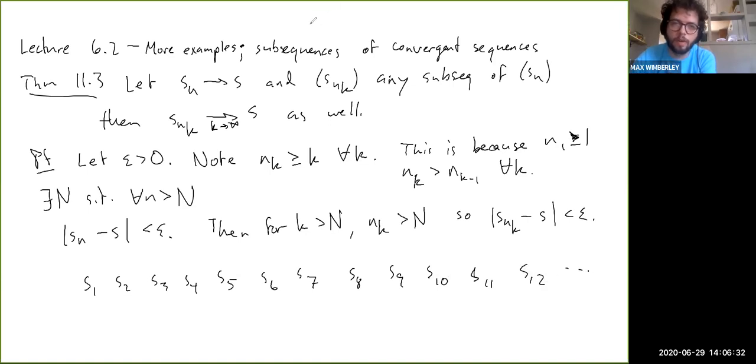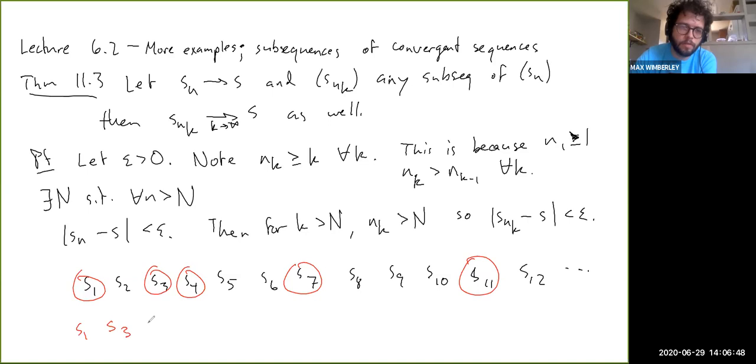And then I chose my subsequence, let's say, something like that. So then the subsequence itself is S1, S3, S4, S7, S11, and so on, right?